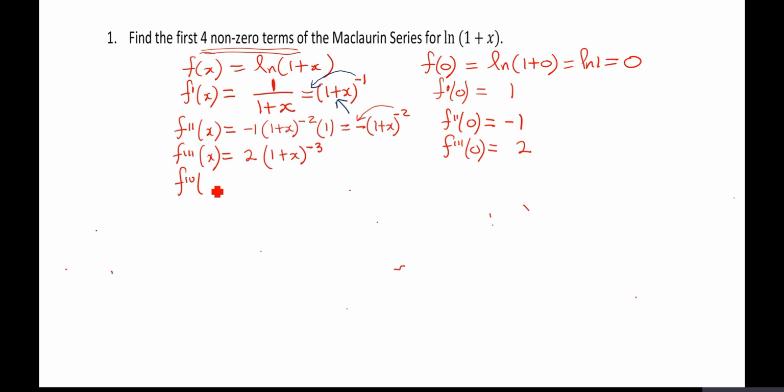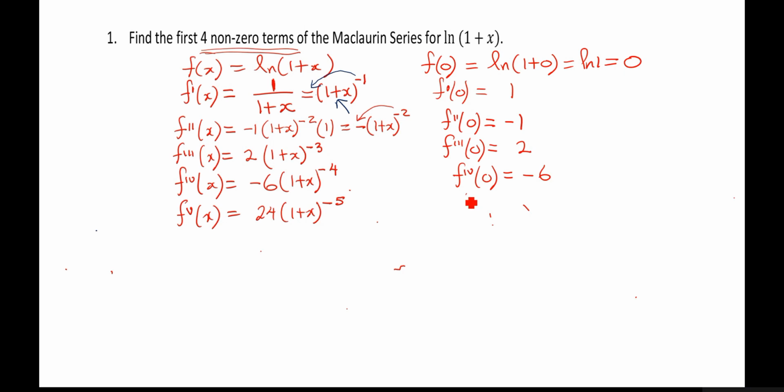Fourth derivative, minus 3 times 2, negative 6, times 1 plus x, subtract 1, minus 4. My fourth derivative at 0 gives you minus 6. Fifth derivative, minus 4 times minus 6, 24, times 1 plus x to the power minus 5. My fifth derivative at 0, 24.